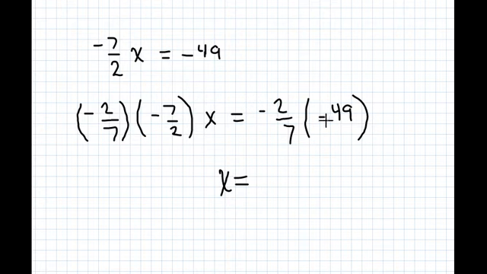Now we have a negative times a negative, so that's going to become positive. 7 goes into 49 7 times, so let me not skip too many steps here. So we're going to be left with 2 times 7, and 2 times 7 is 14.